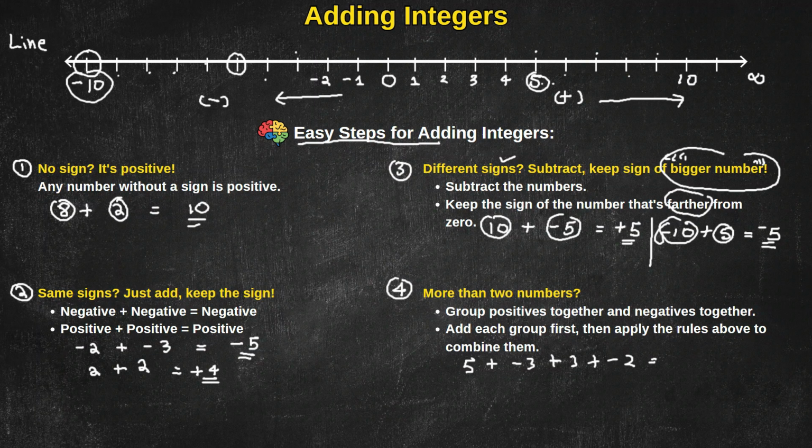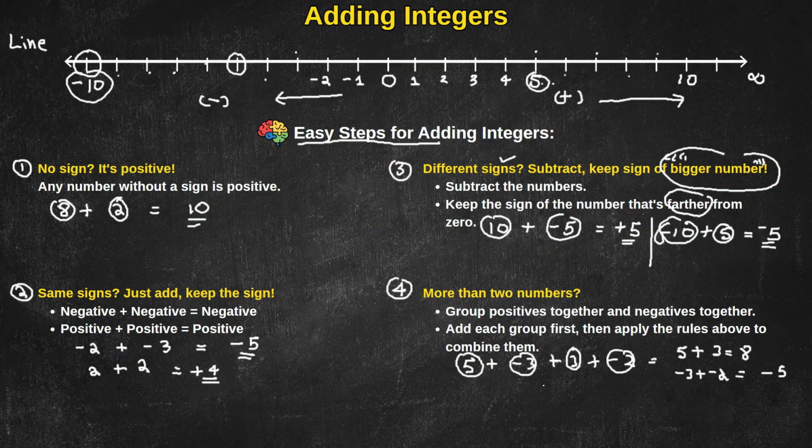First, let's group 5, which is positive, and 3, which is positive, and let's add it. 5 plus 3 will be 8. Now let's group negative 3 and negative 2, and let's add them. Negative 3 plus negative 2. Same sign, keep the sign and add. 3 plus 2 is 5.